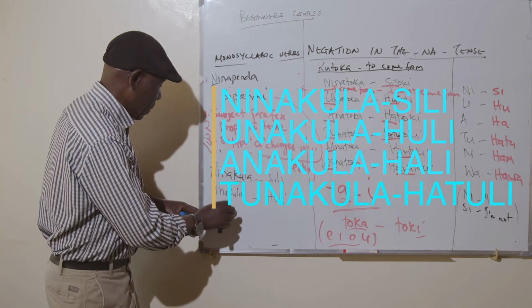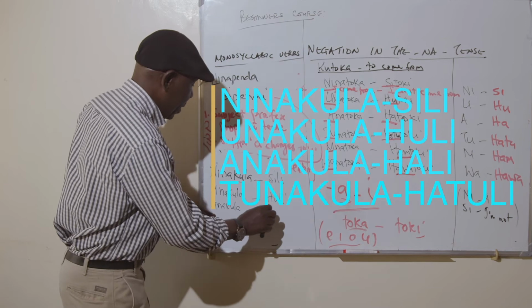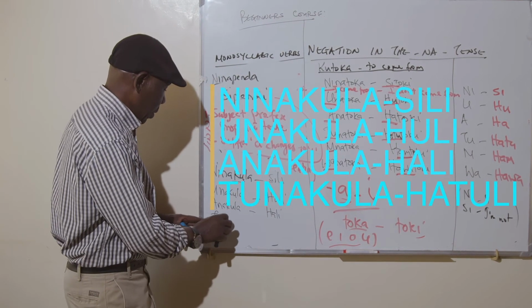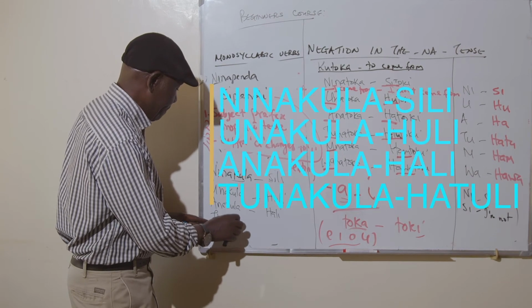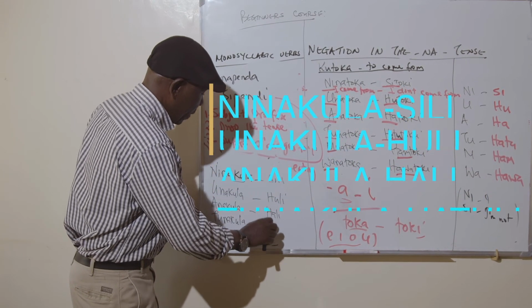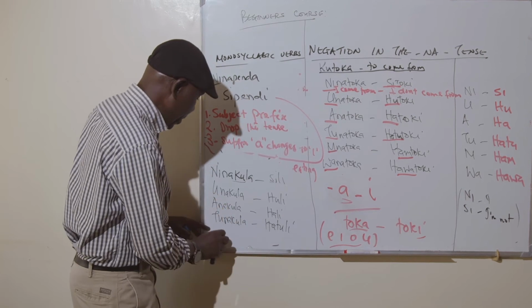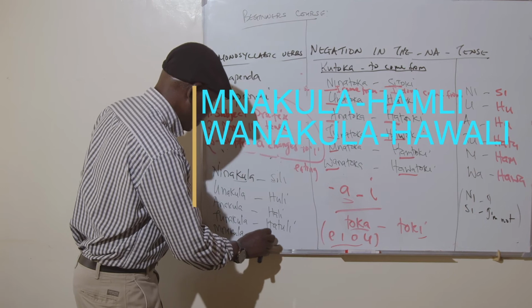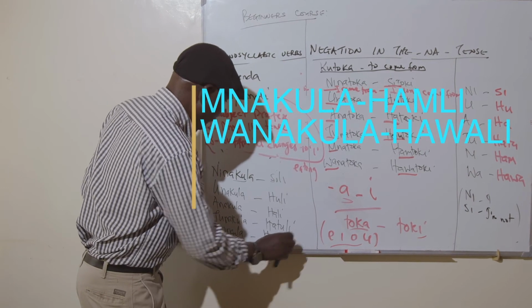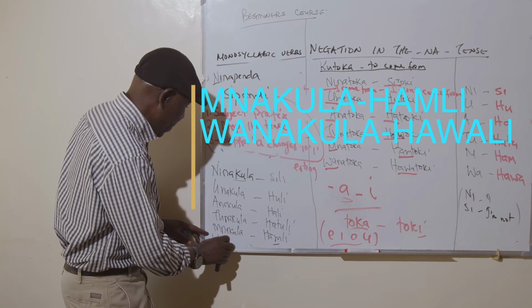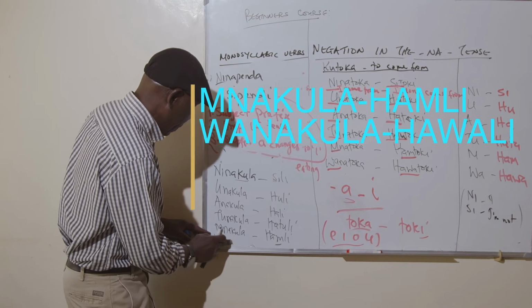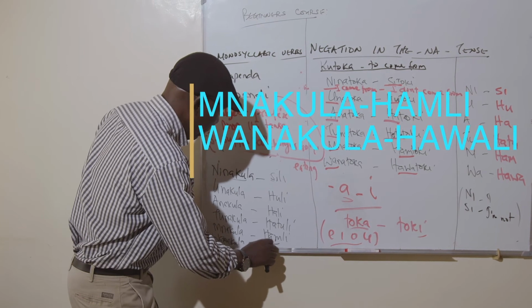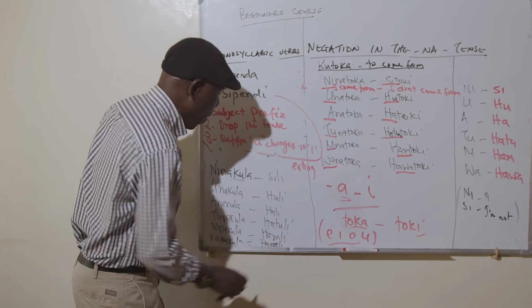Anakula becomes hali. Tunakula becomes hatuli. Mnakula becomes hamli. Then wanakula becomes hawali.